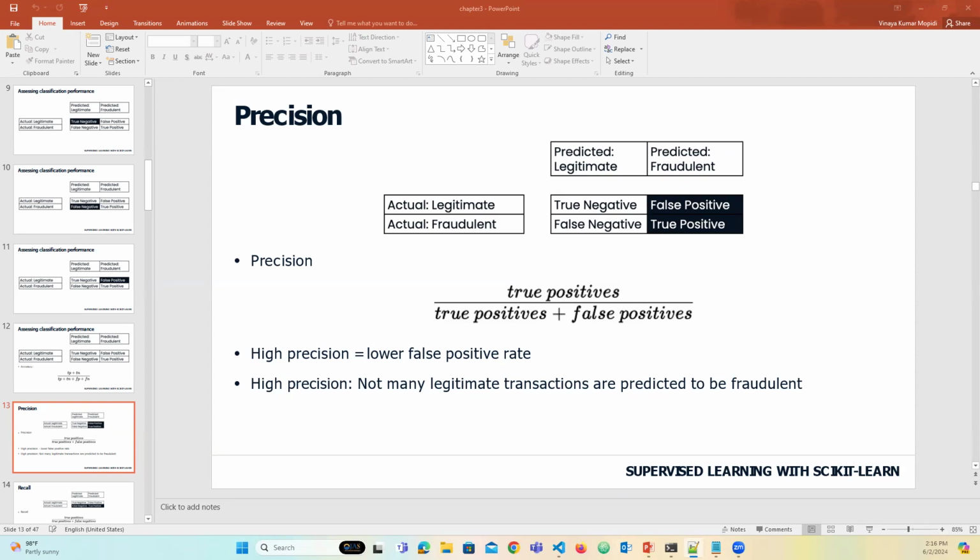In our case, this is the number of correctly labeled fraudulent transactions divided by the total number of transactions classified as fraudulent. High precision means having a lower false positive rate. For our classifier, this translates to fewer legitimate transactions being classified as fraudulent.